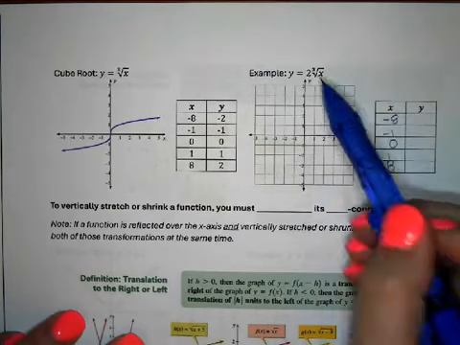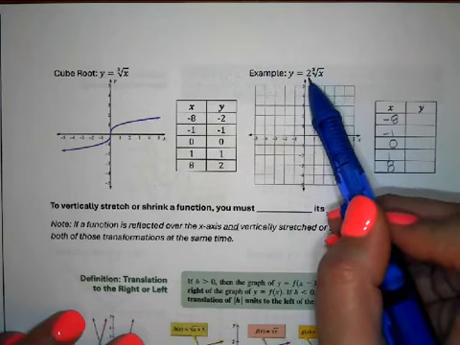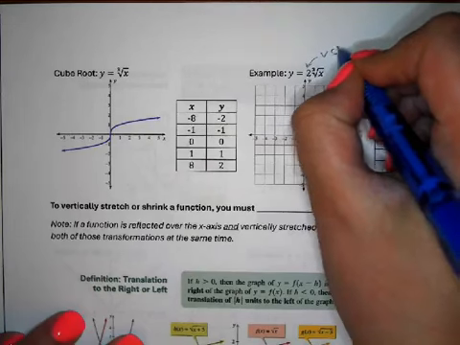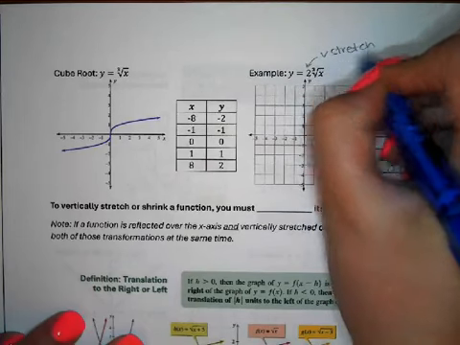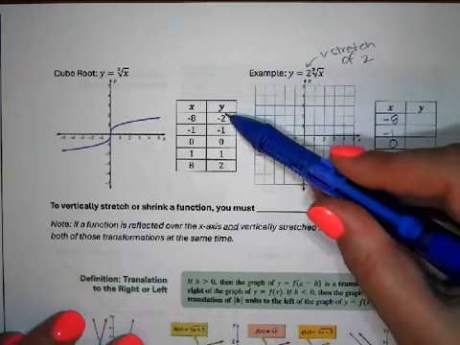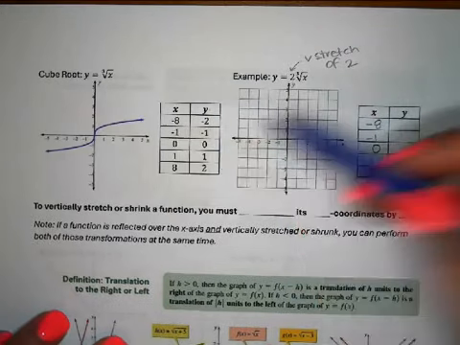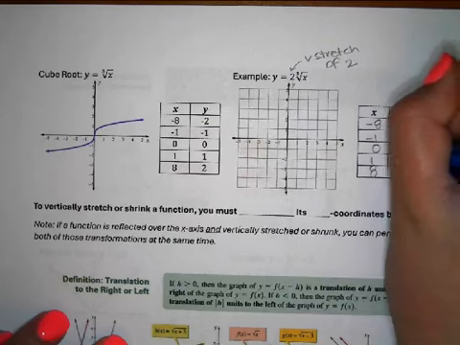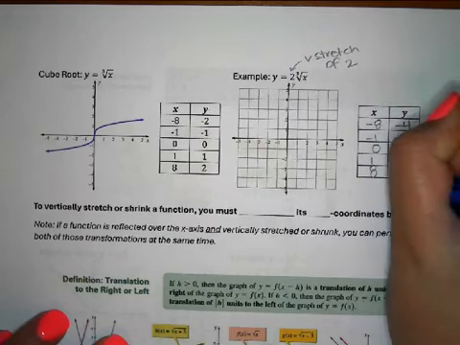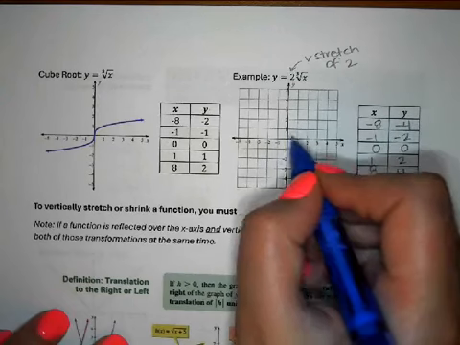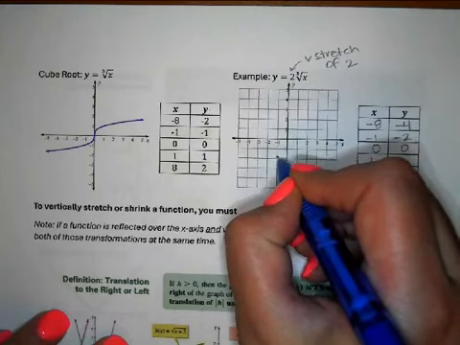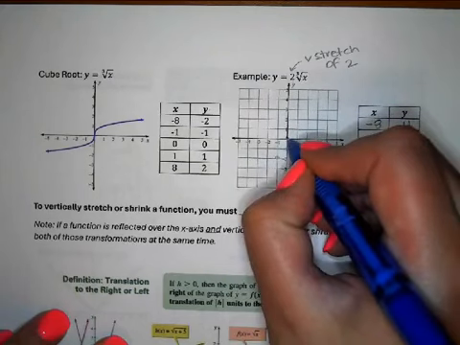And here I see that my stretch was 2. It's a vertical stretch of 2. And so I'm going to take all of my Y coordinates from the parent function and I'm going to make them twice as tall. So -8, -4, I can't graph. -1, -2, 0, 0, 1, 2.